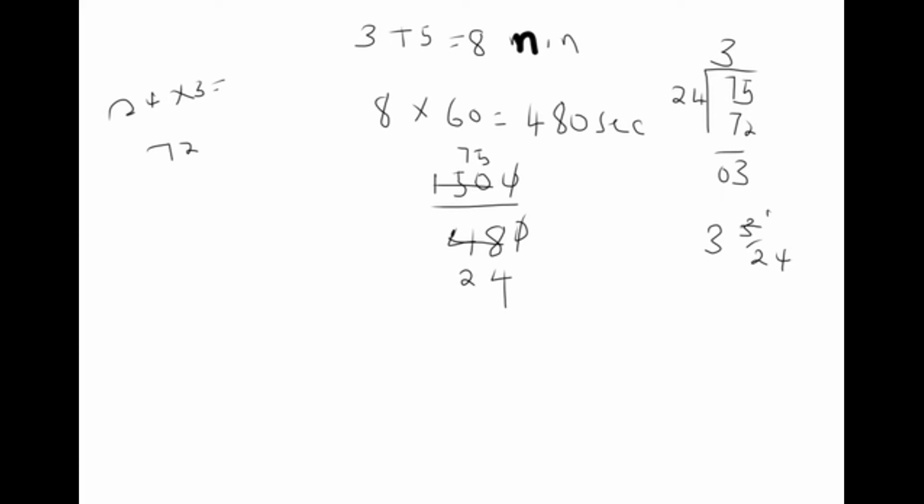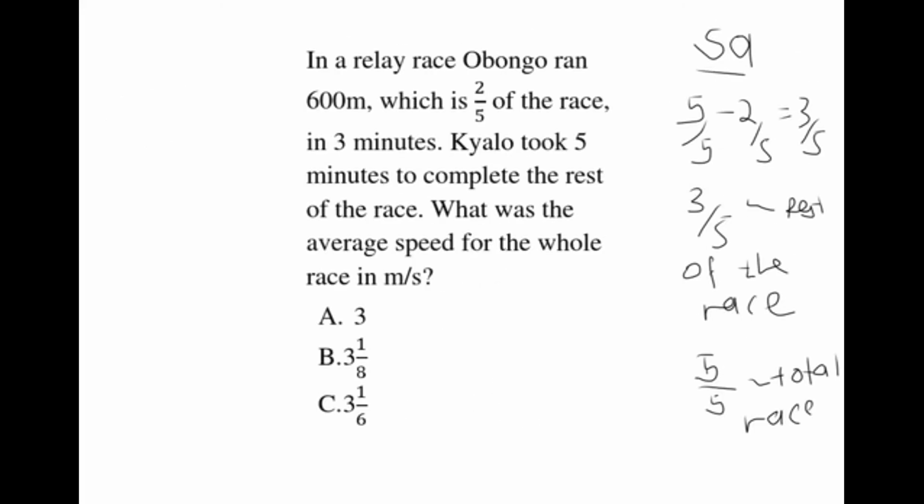By 3, 1, by 3, 8. Therefore we have 3 and 1/8 meters per second. Therefore our correct choice is choice B.